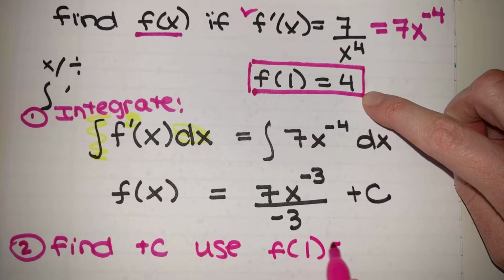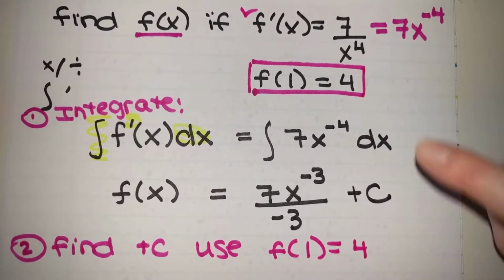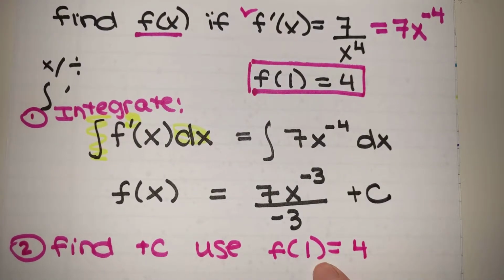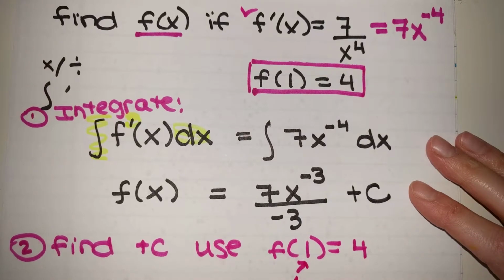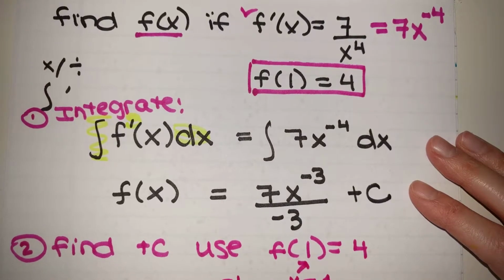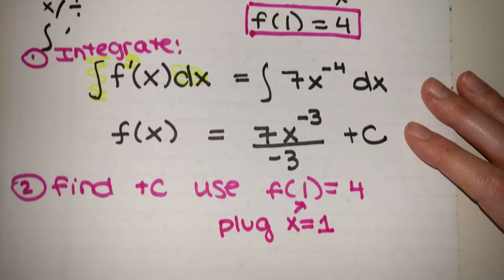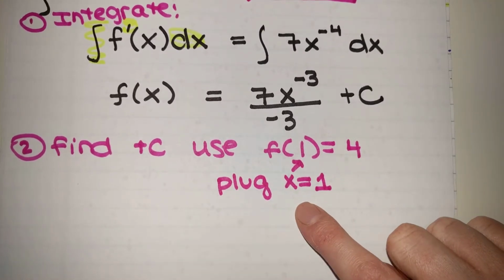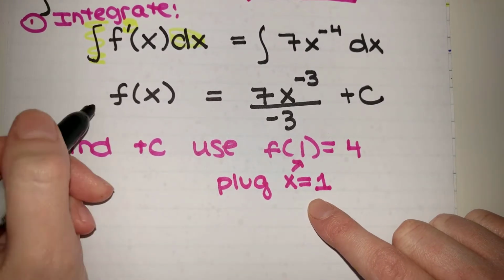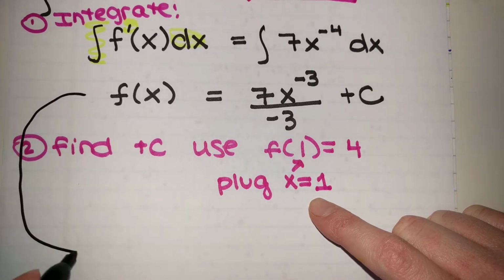So how do we use that little piece of information? f of 1 equal to 4 means that at x equals 1, we are going to have a y value of 4. So we're going to plug x equals 1 into the current function we have.